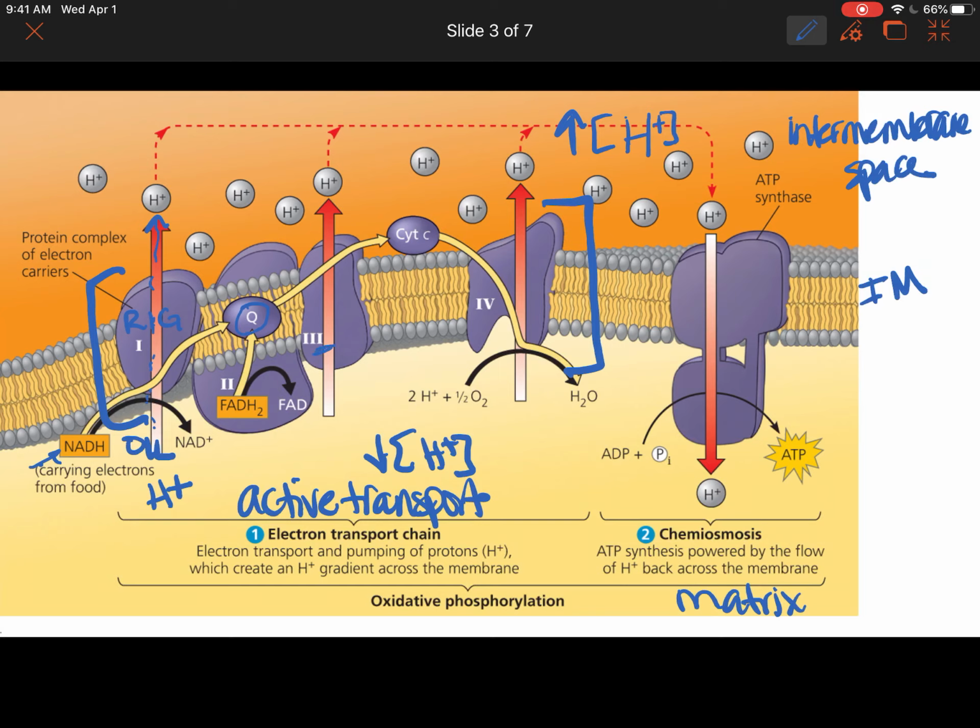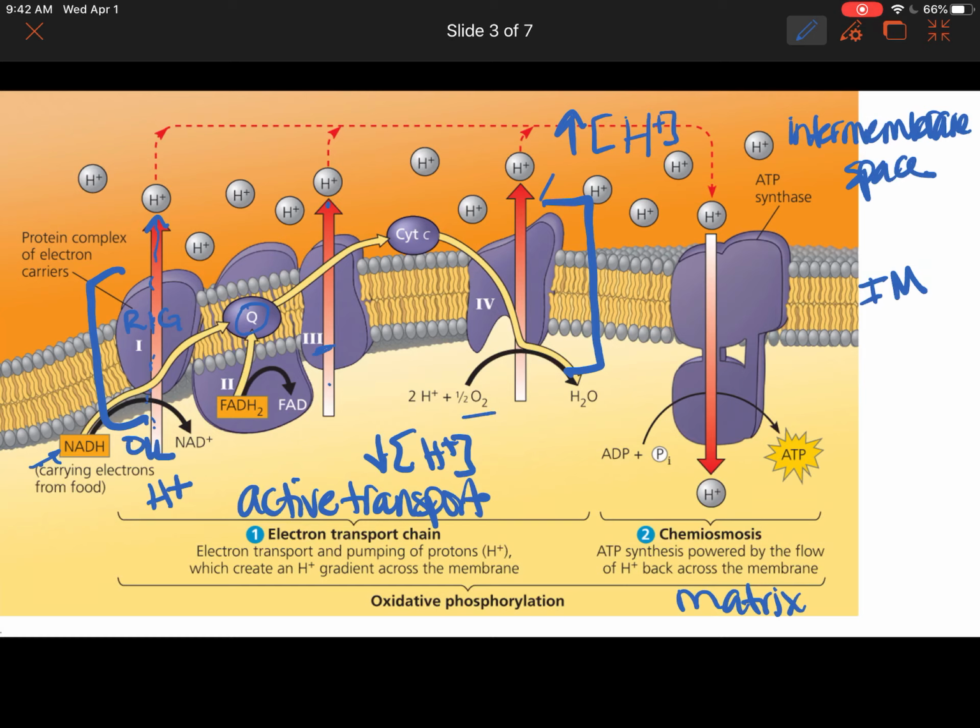Complex 3 uses more of their energy to actively transport more hydrogens into the intermembrane space. The electrons are transferred one more time to complex 4. Complex 4 actively transports more hydrogen ions. And then those electrons have reached the end of their journey.